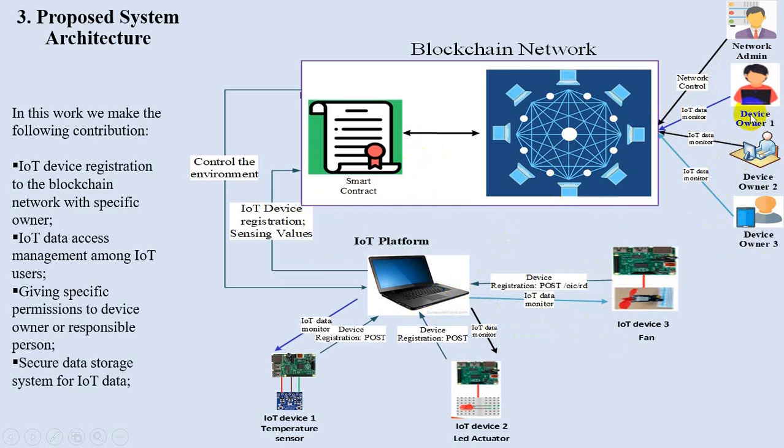For instance, device owner 1 can control and monitor the environment through IoT device 1 and a temperature sensor. First, the IoT device is registered to the blockchain network with a specific owner. Each owner has their own device, with IoT data access management among users, giving specific permission to the device owner or responsible person, and a secure data storage system generated for the collected IoT data.